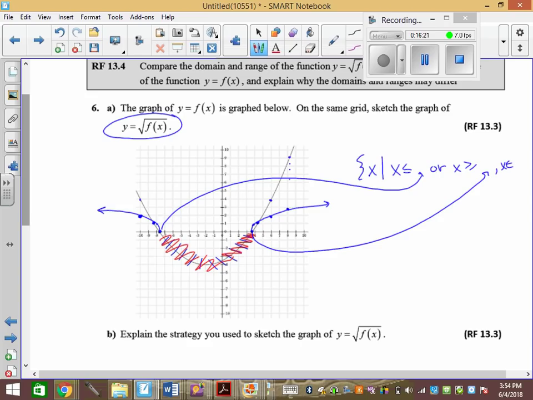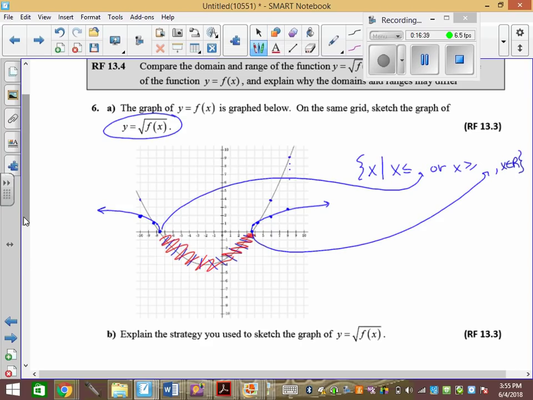We would need more information as to what our x-intercepts are, so we couldn't find them. What we'd have to do is figure out the equation of the quadratic and then find the x-intercepts from there. But usually on the diploma, they give you more information.